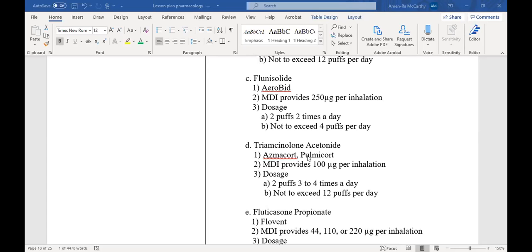I have some budesonide. Budesonide is also a steroid, but I don't have any Pulmicort.